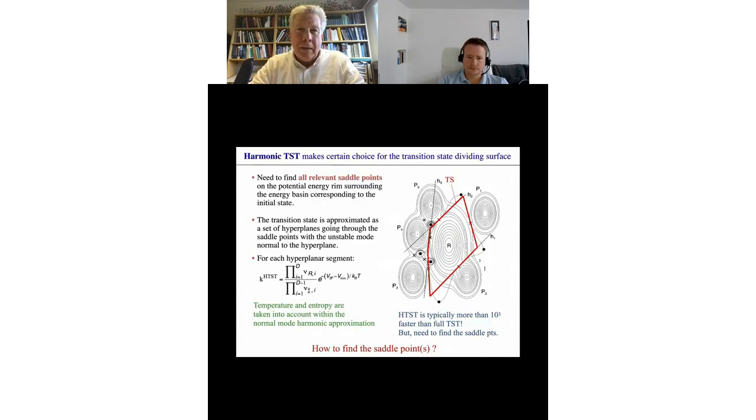That is the approximation that we're going to be working with here. And so the key issue becomes, given an initial state, labeled R here in the graph to the right, what are the low-lying saddle points? One basically wants to find all the low-lying saddle points without preconceived notion of the product states. Here are 5 different product states illustrated. There typically are many more, actually, but we're particularly interested in the low-lying saddle points because those represent the most likely transition mechanisms.